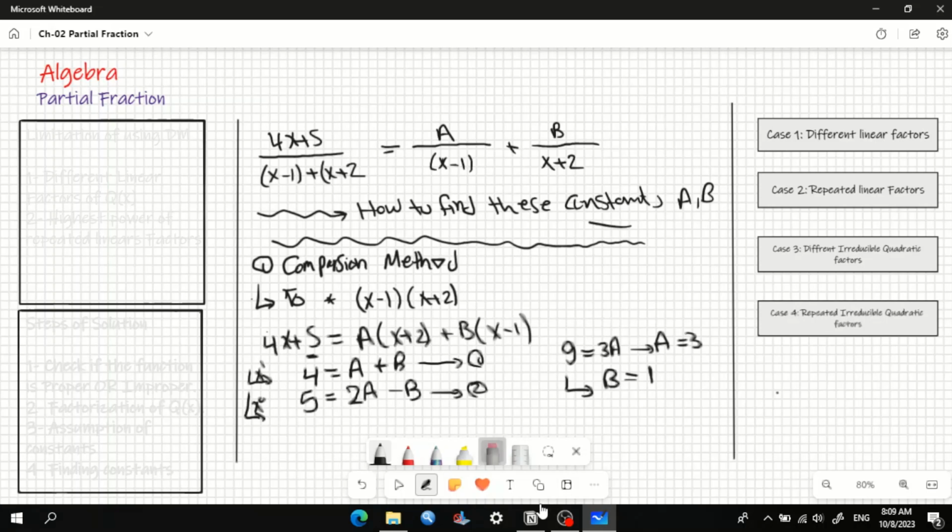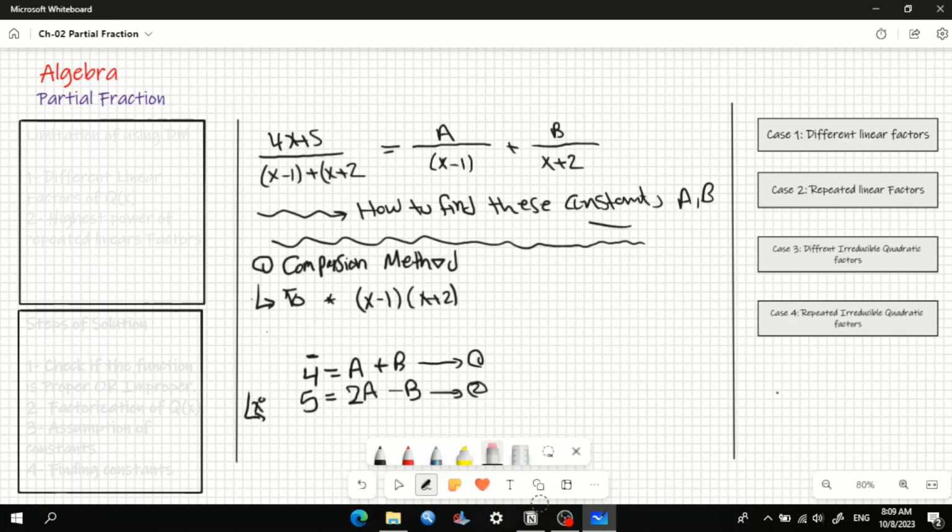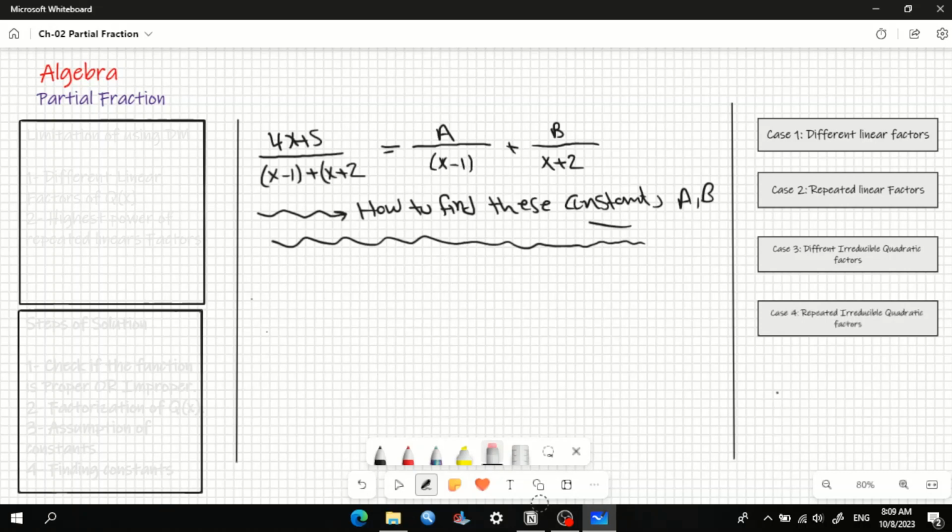So this is the first method to find a and b, the comparison method. Let's move to the second method.